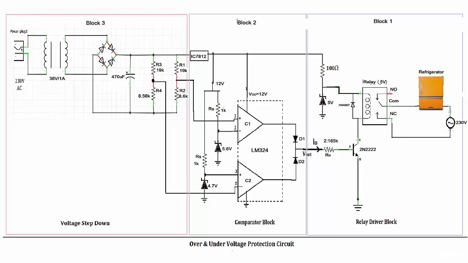Now understand this. I used two comparators from LM324, of which the non-inverting input of the first one is set to a reference value using a Zener diode and the inverting input of the second one is set to a lesser reference value.